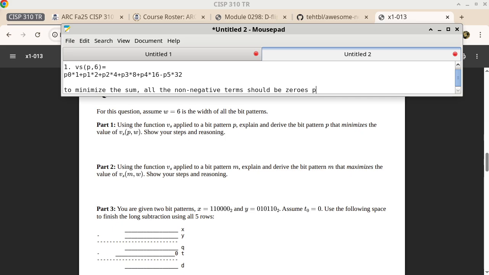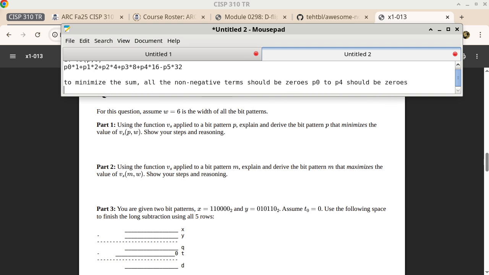So that explains why P0 to P4 should be zeros. And then the only one that specifies the negative term should be a 1, and therefore P5 equals 1.